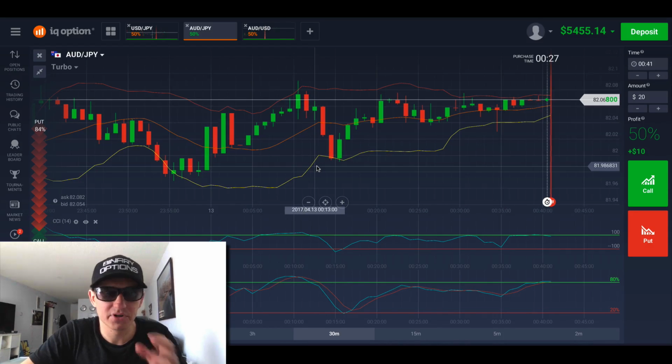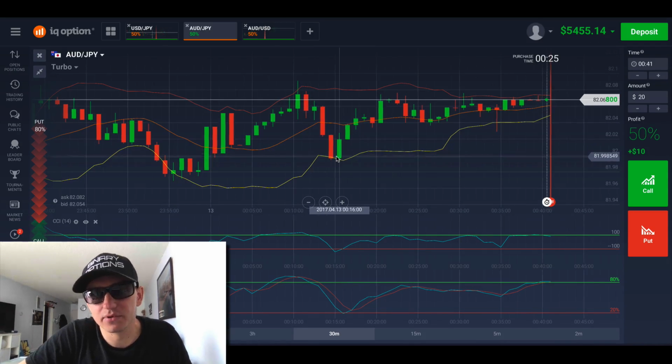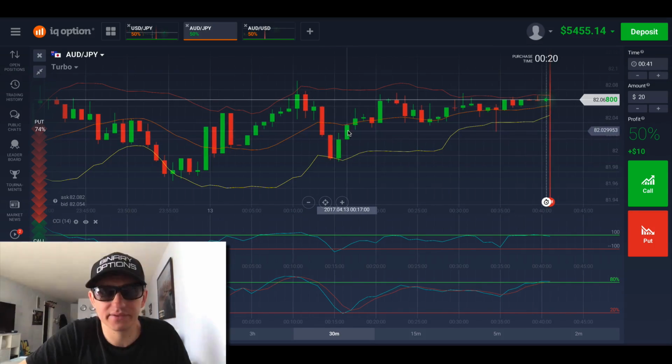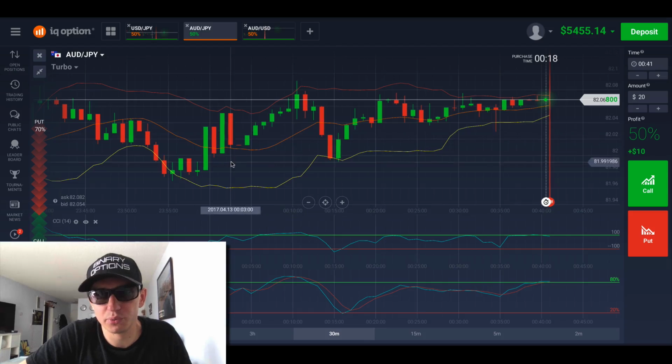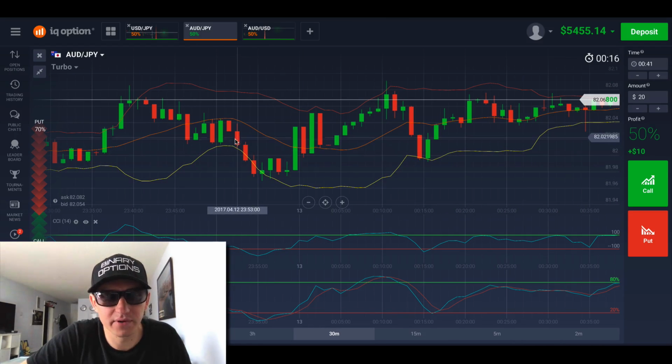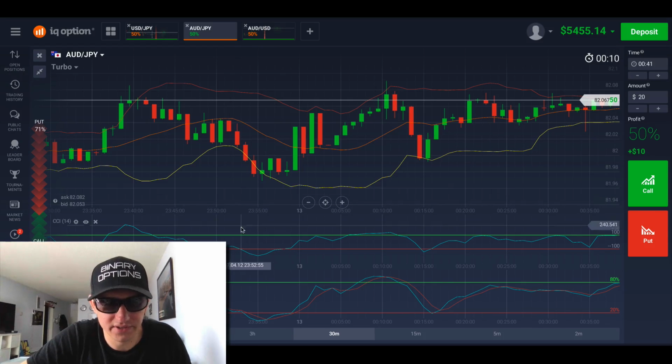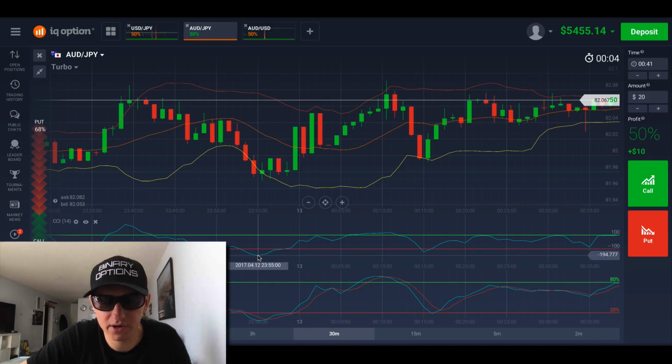I would personally make a stake for 2 minutes for the rise, and in this case it's going to be a pure win. The same thing over here, we do see the downward trend that started at this point, and the CCI is far below the minus 100.